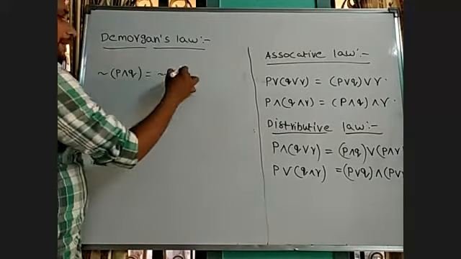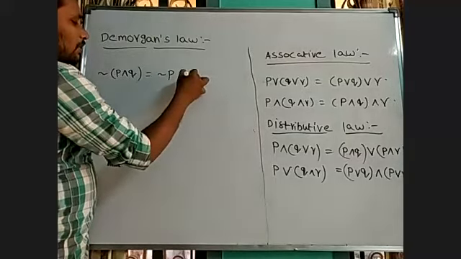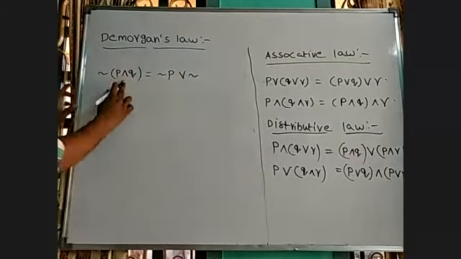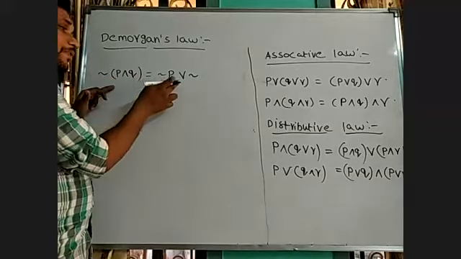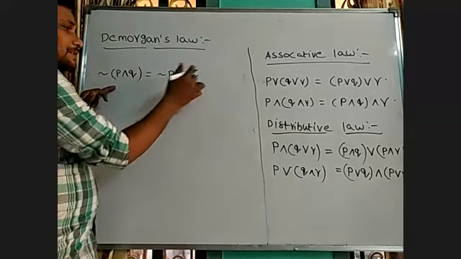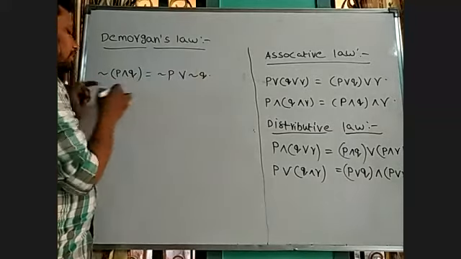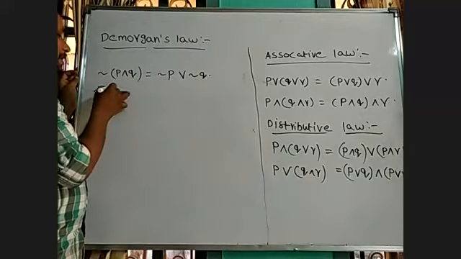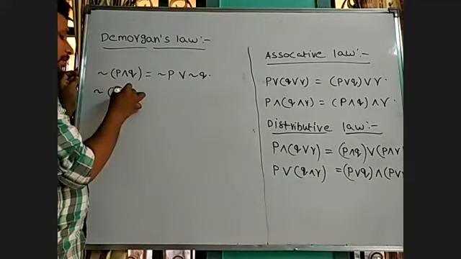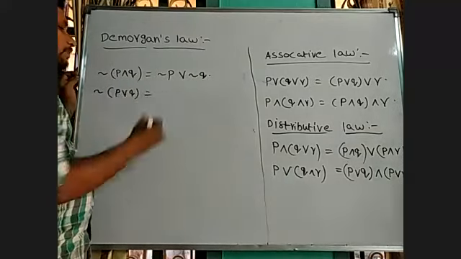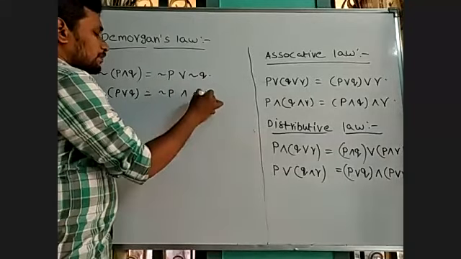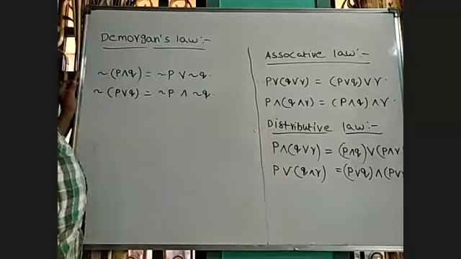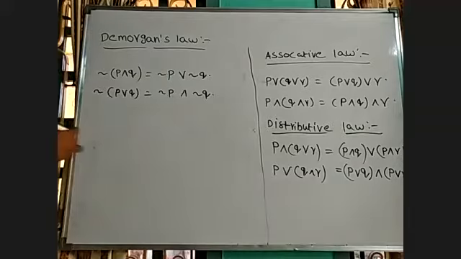This symbol is conjunction. If you apply negation, what do we get? We get the disjunction of negation of P and negation of Q. Next, negation of P ∨ Q, what do we write? Negation of P and negation of Q. This is De Morgan's law. Okay, right.